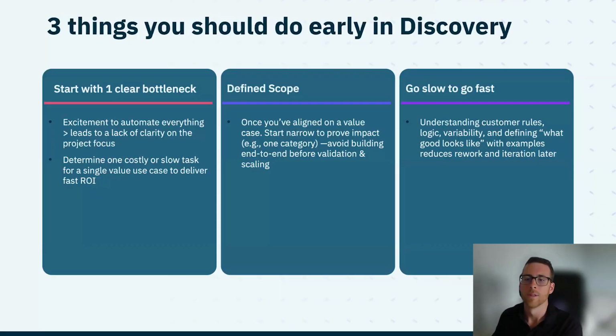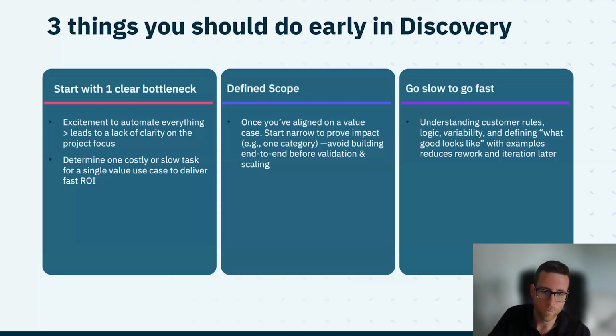The third aspect is making sure, especially when it comes to things like copy generation, that you understand your rules, where there's variability in things like product descriptions. Maybe for certain brands that you write product descriptions for, you have to write about them in a very specific way.